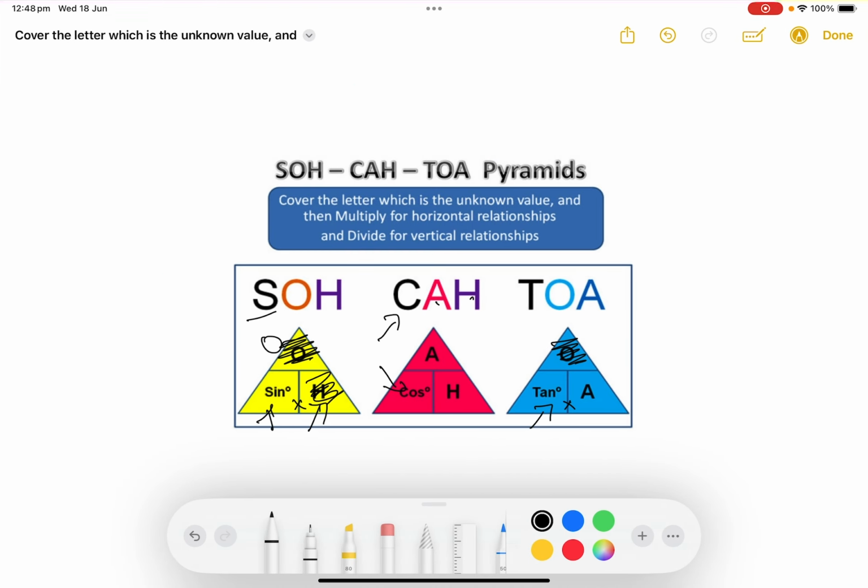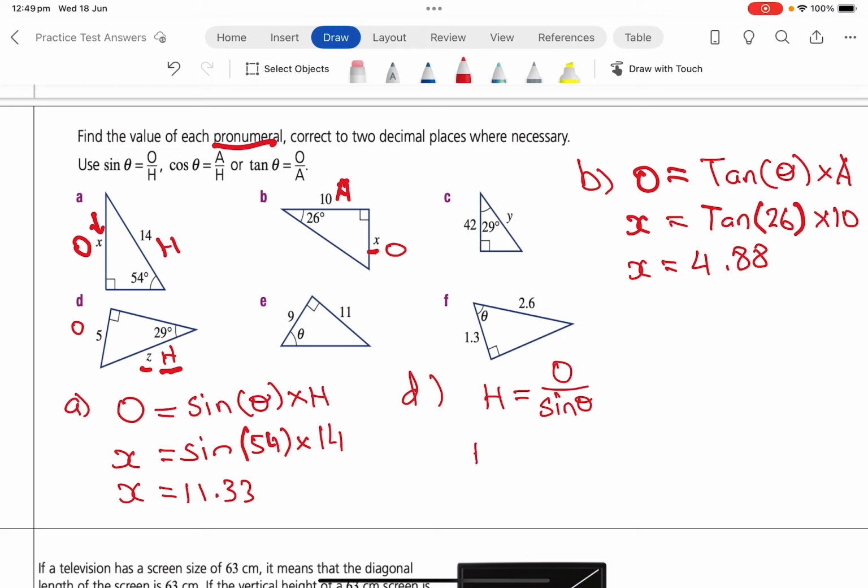So we get H equals O divided by sine of theta. H equals the opposite side, 5, divided by sine of 29. Just wrap that in brackets and put it in the calculator: 5 over sine of 29. We get 10.31 roughly.